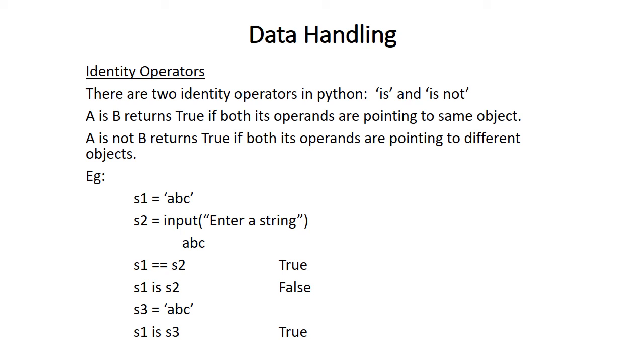For example, s1 = 'abc'. s2 = input('Enter a string'). For that also we enter abc. Now s1 == s2? Yes, that is true. Whether s1 is s2, that is false. s3 = 'abc'. We are just assigning abc to a new variable called s3. Now s1 is s3? Yes, that is true.